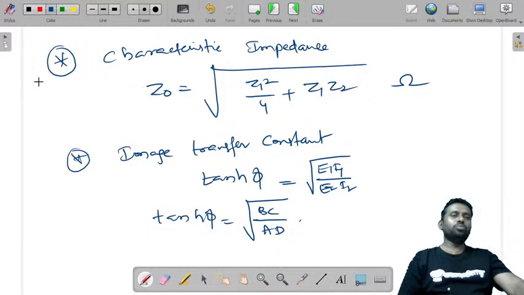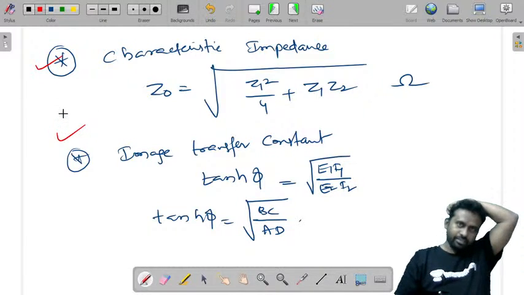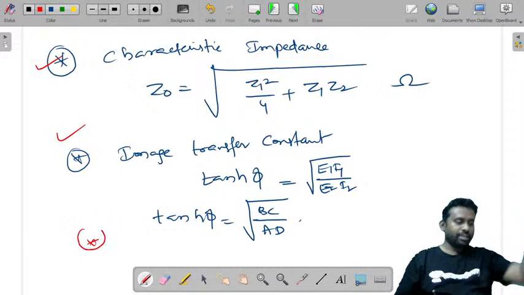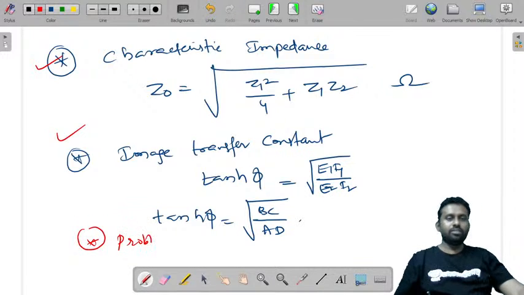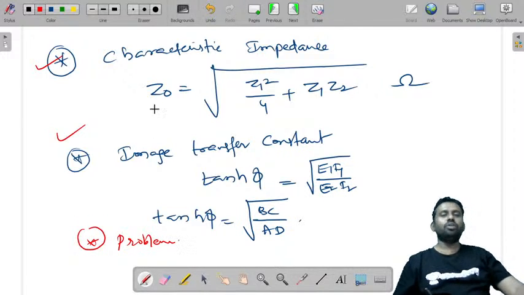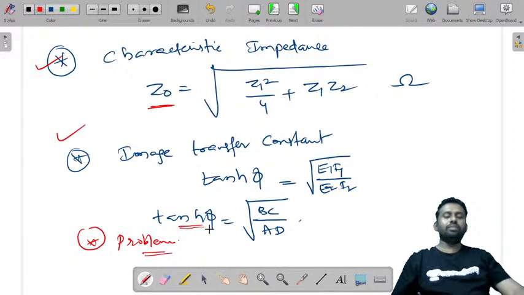So these are the two things that we have discussed for today, and we have also solved one problem based on them. How do you find characteristic impedance and the image transfer constant?